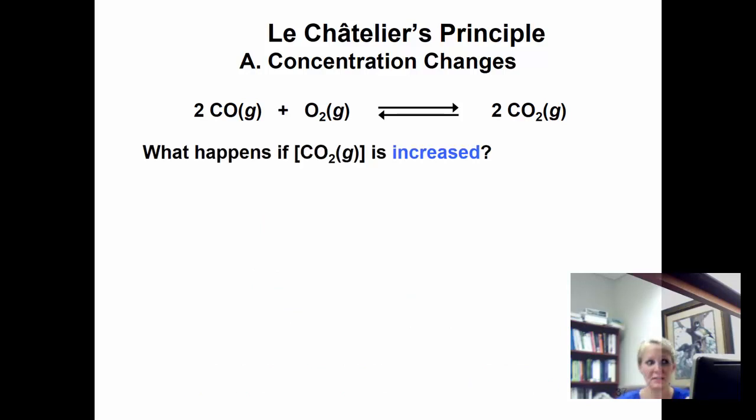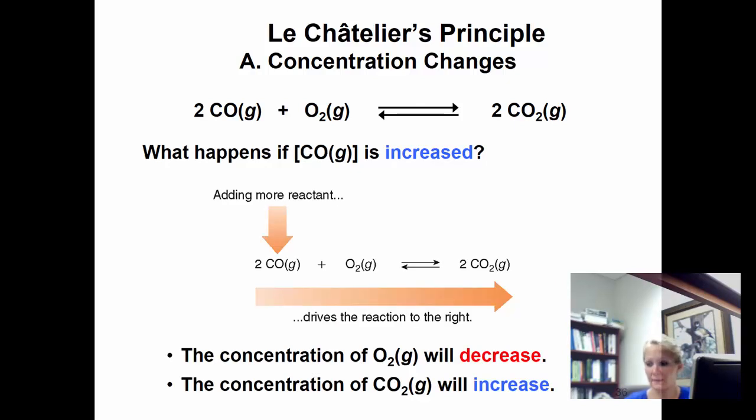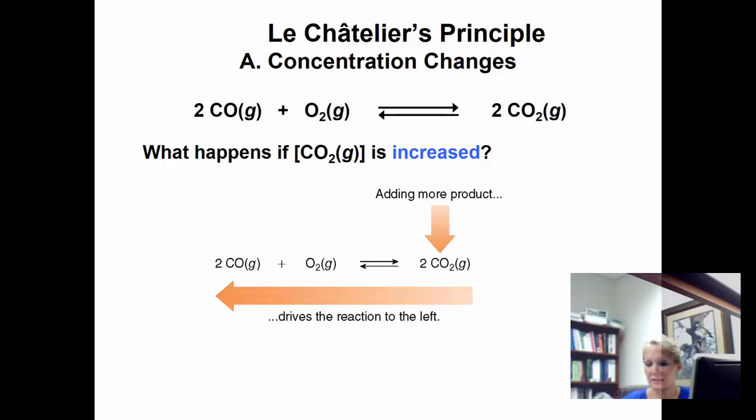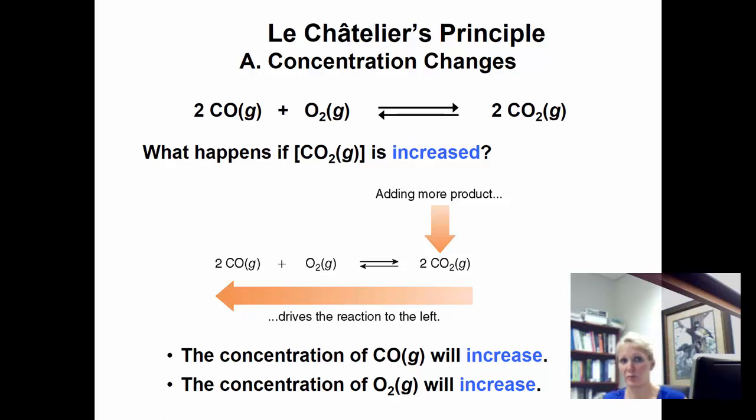Now, what happens if CO2 is increased? Earlier we had CO. If we increase the concentration of our product over here, then the reaction shifts back to the reactant side. So if we increase on one side, it's going to shift to the other.